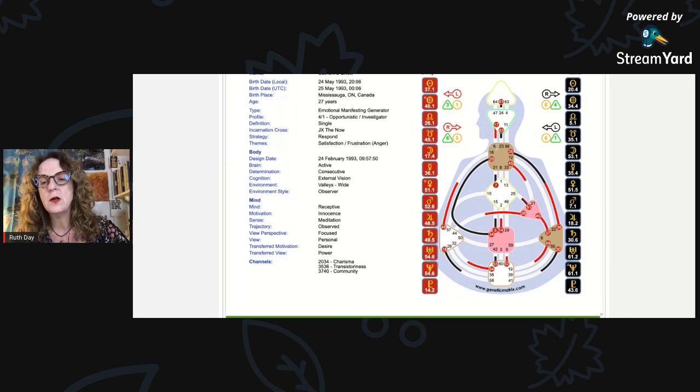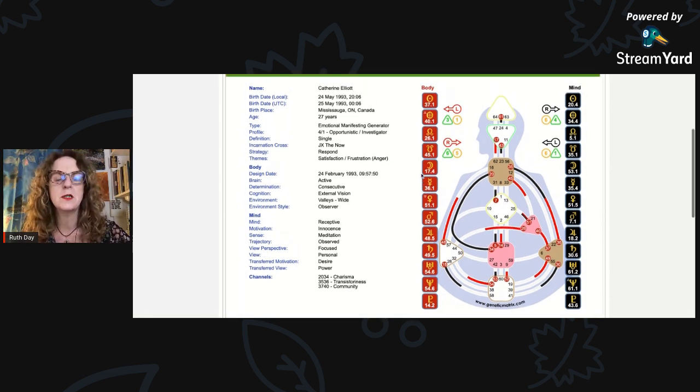So in her case, the throat is connected to the sacral center. The throat is also connected to the solar plexus. So by having the throat connected to one of these bottom centers and having the sacral center lit up, that makes someone an emotional generator, a manifesting generator.